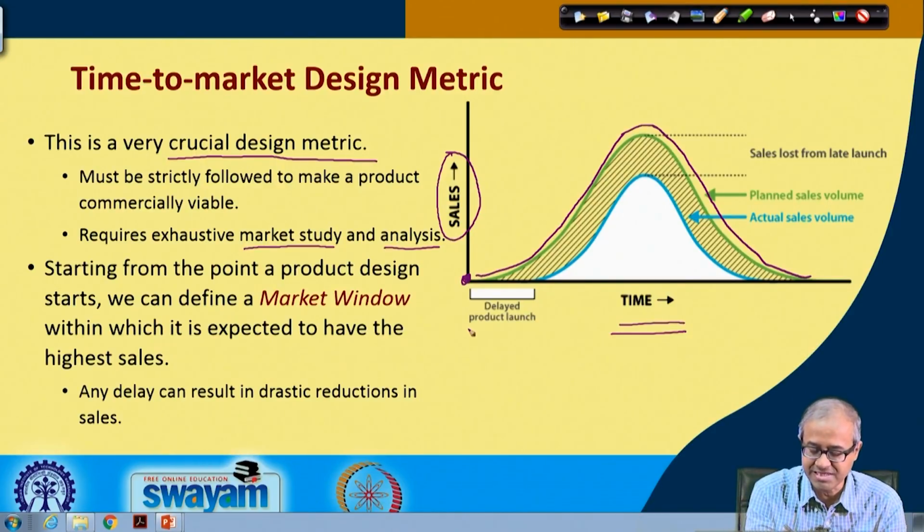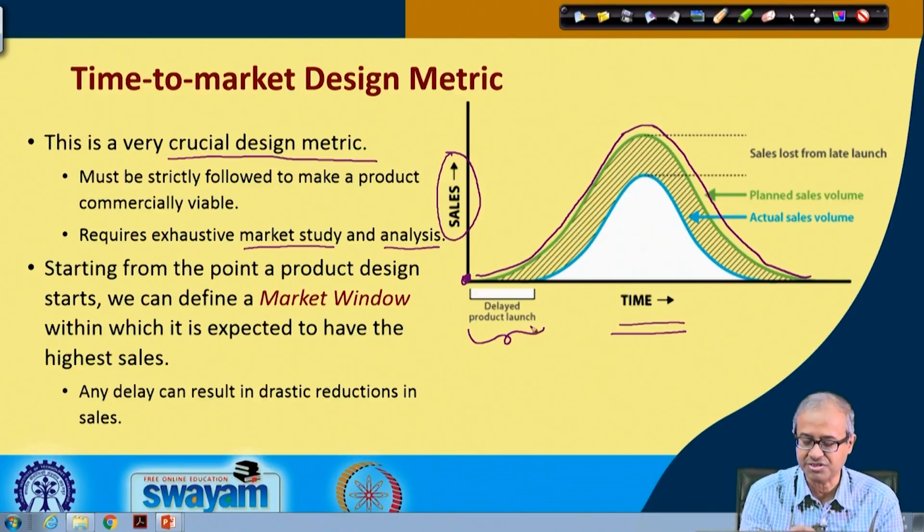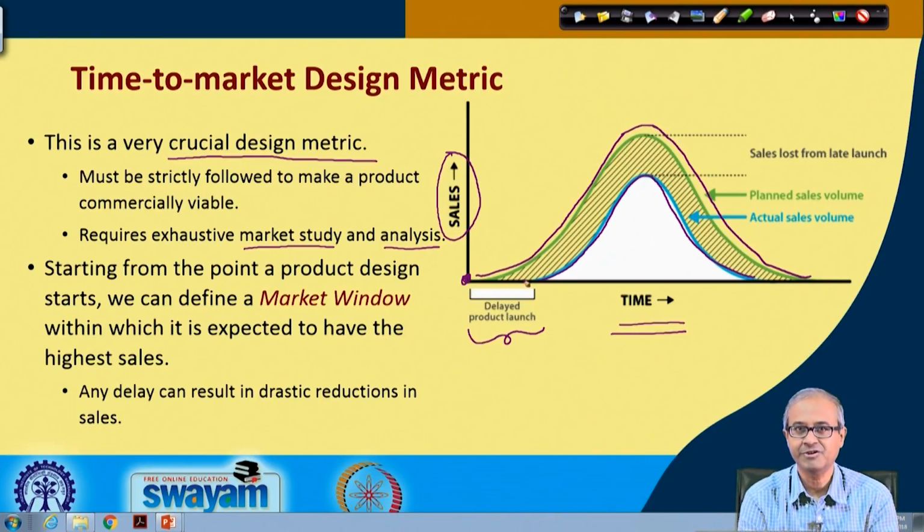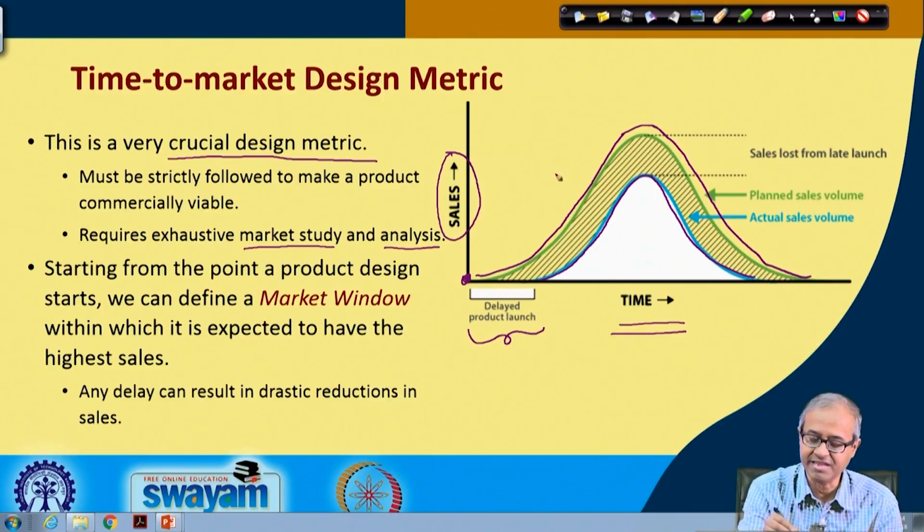And suppose there is a delay in the product launch. So, instead of this curve, you are now following this inner curve. There was an initial delay. The curve will be similar again, but the peak, the maximum sale that you can achieve, becomes much less.